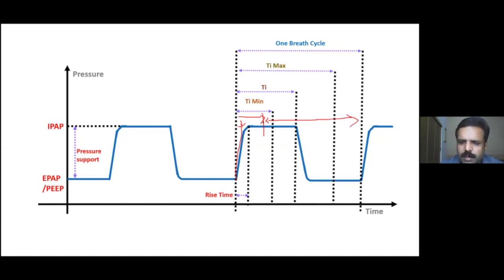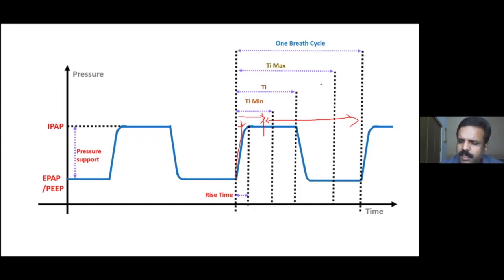That is an advantage of adjusting the TI minimum. The TI is the inspiratory time which you have to assess and decide about other things. The TI maximum is the maximum time you are giving for inspiration.